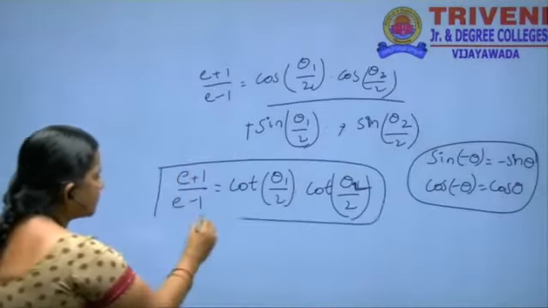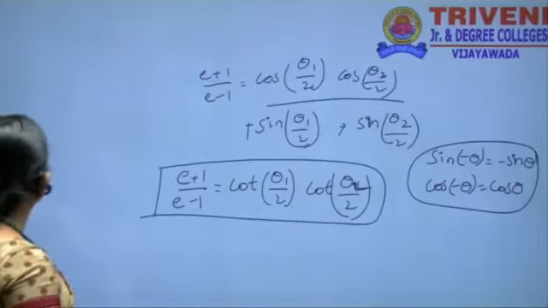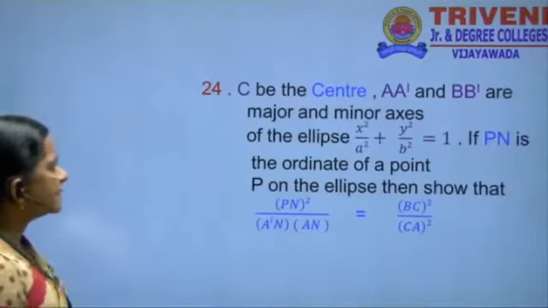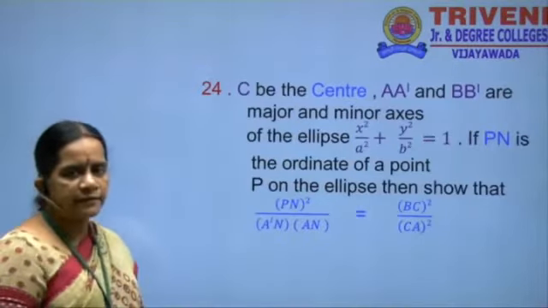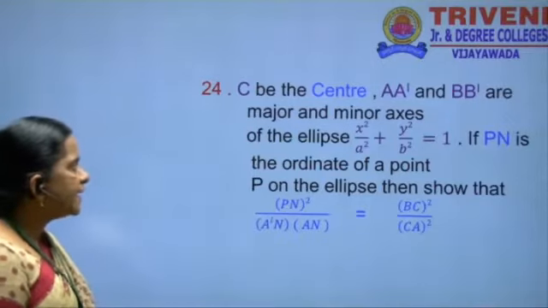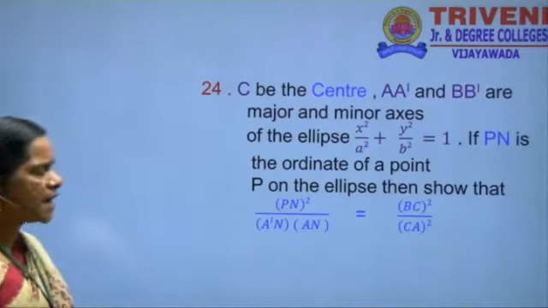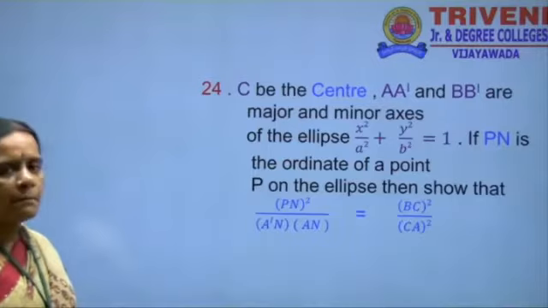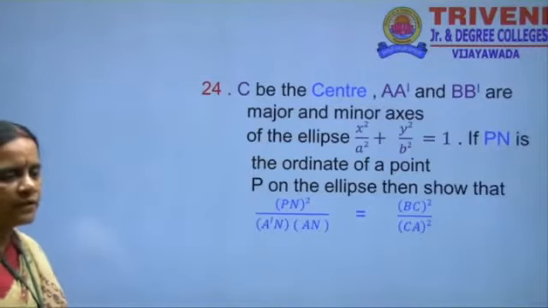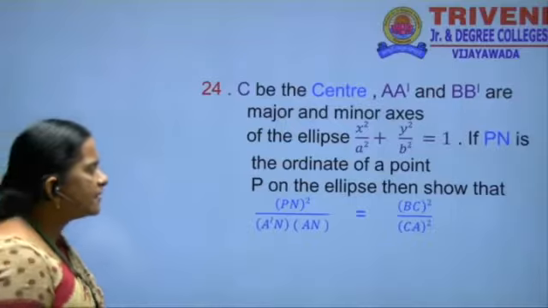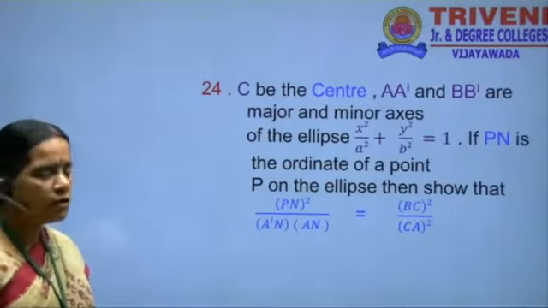Okay, and then we are going to the next problem. Here, C is the center. AA dash and BB dash are the major axis and minor axis of the ellipse x square by a square plus y square by b square equal to 1.